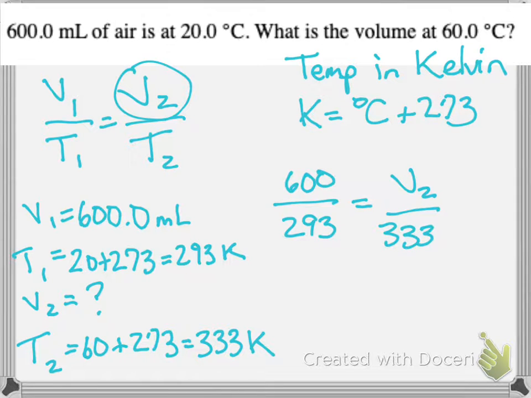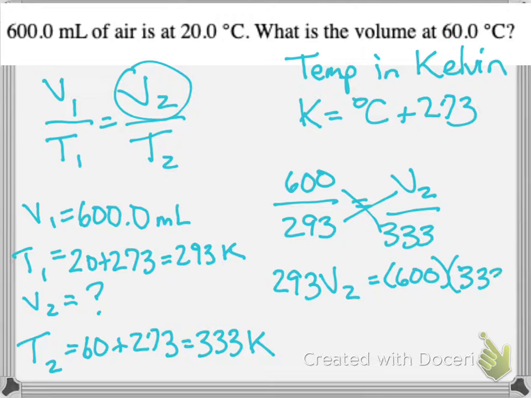So the way this is going to work out is, when we cross multiply, we're going to have 293 times V2, and that's going to equal 600, which is the initial volume, times 333, which is the final temperature.